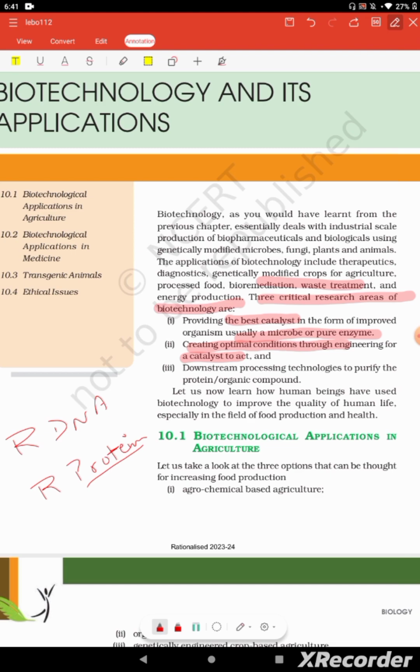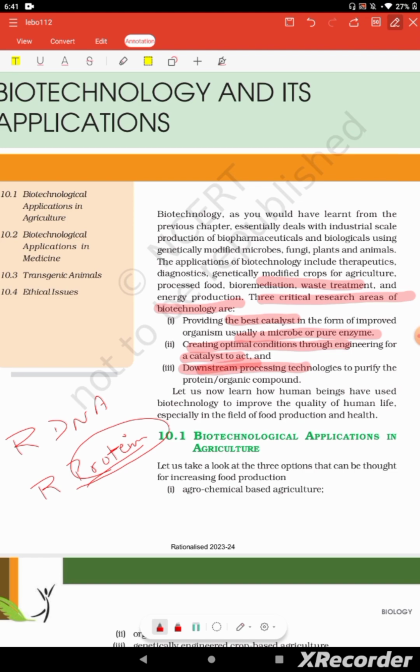The third thing which is required in biotechnological research is downstream processing. I already explained it to you. Downstreaming is when we have any desired protein through recombinant DNA technology, that should be purified and then separated from the rest of the chemicals which we have extracted, and then it is refined into a pure form.